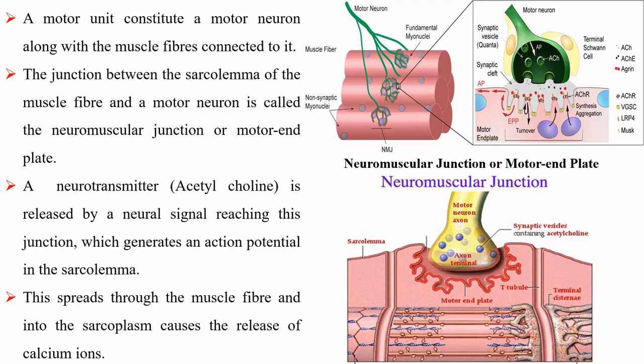The junction between the sarcolemma of the muscle fiber and a motor neuron is called the neuromuscular junction or motor end plate. A neurotransmitter is released when the neural signal reaches this junction, which generates an action potential in the sarcolemma. This spreads through the muscle fiber and into the sarcoplasm, causing the release of calcium ions.